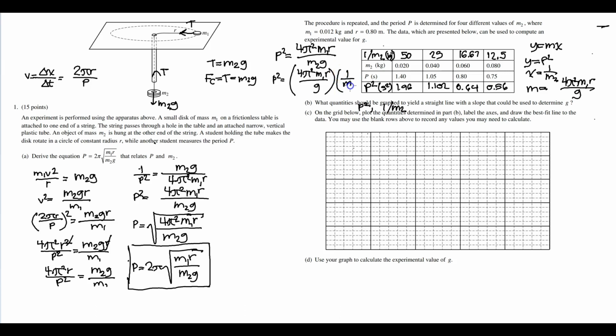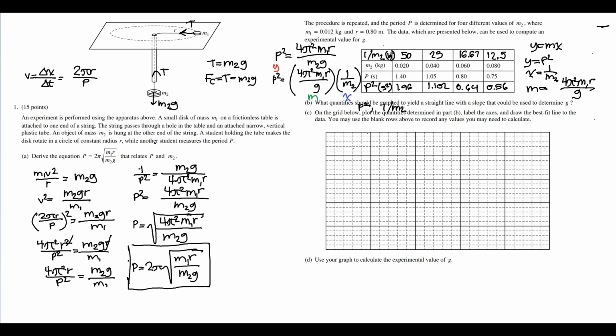Now it's easier to see the linear equation, right? Y equals mx. So it will go straight through the origin, where m is our 4 pi squared m1r over g. Okay.